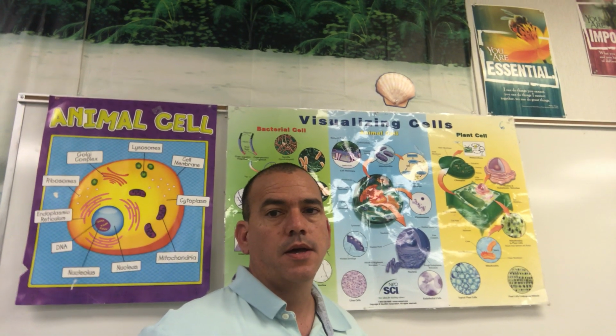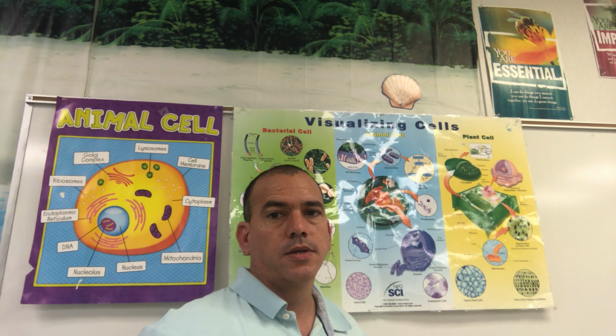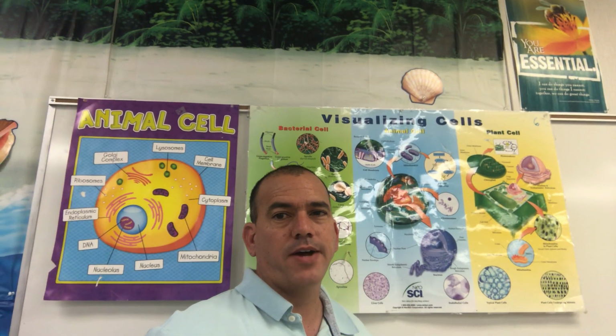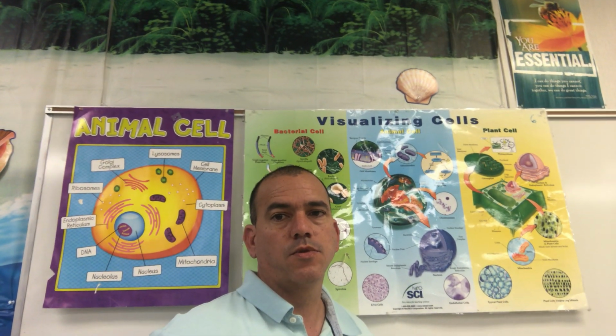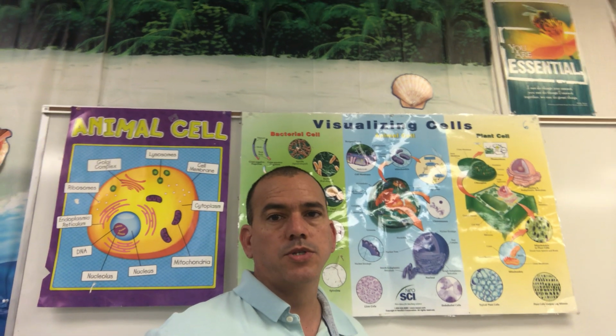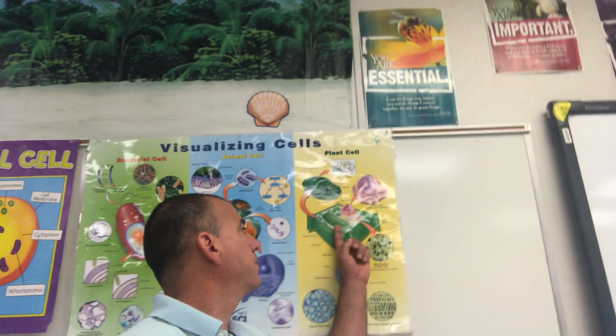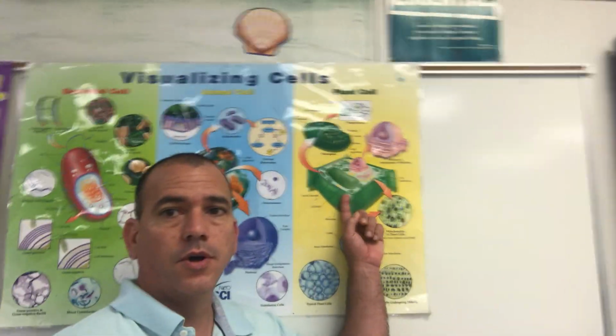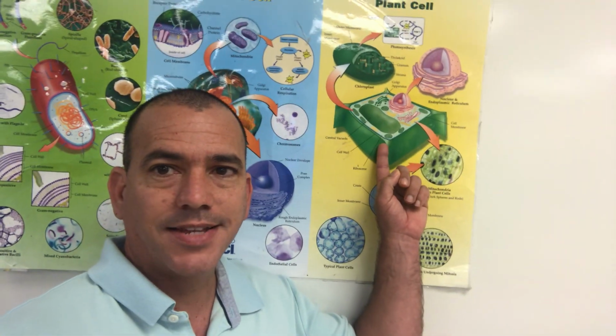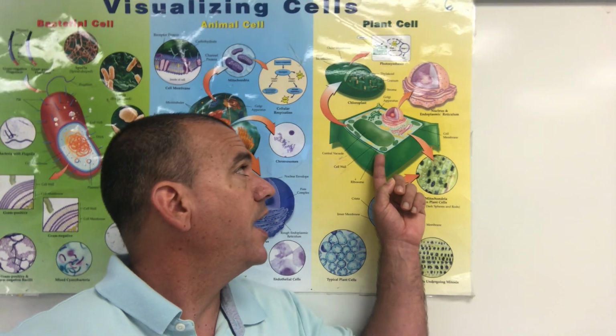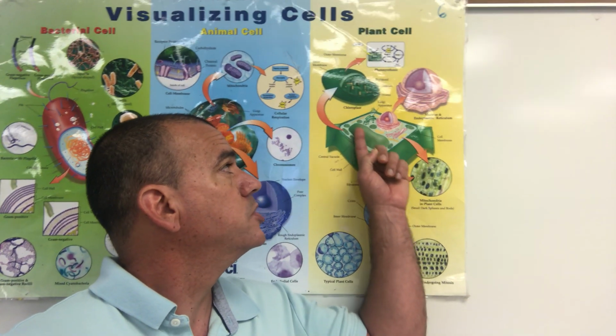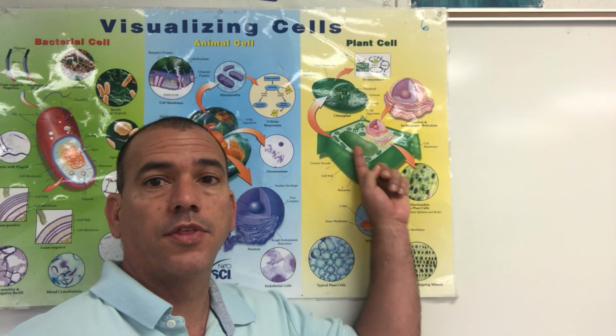Next word, vacuole. Notice that you don't really see a vacuole on this animal cell over my back here, but you could see a vacuole very easily in the plant cell. If you notice, in this plant cell here, the vacuole will be this big, giant, pool-looking thing.